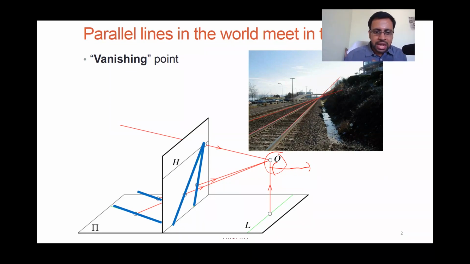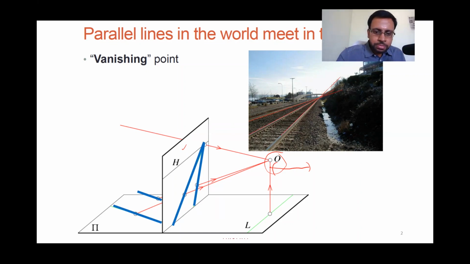Now look at how that object which is there in 3D, when you connect it from the center of projection, the points on each of those two lines, which are lines in 3D, get projected on this 2D plane, this 2D plane being H here. You could see here two lines which are parallel.